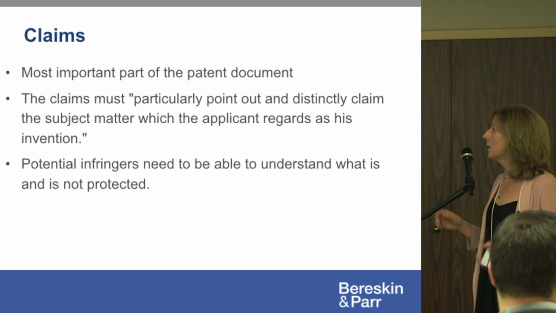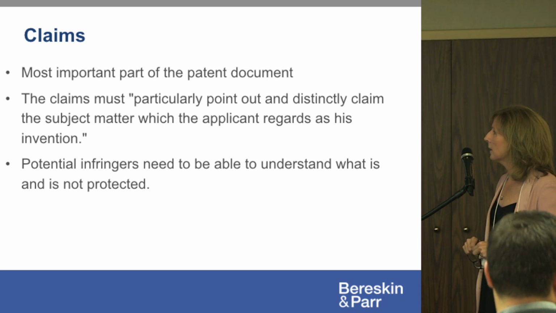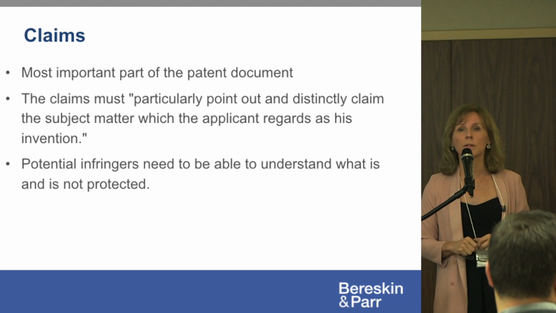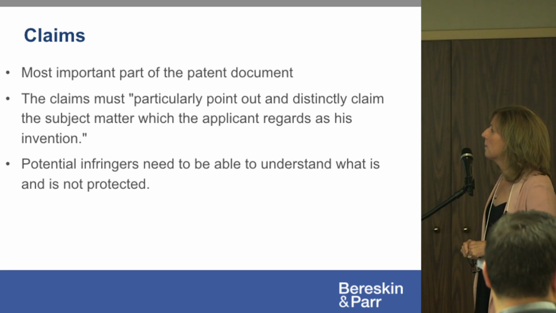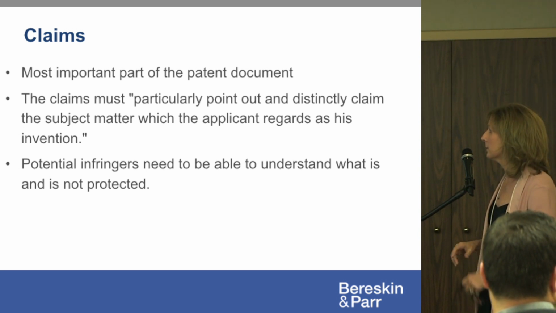They particularly point out and distinctly claim what you'd regard as your invention. The claims are particularly important for freedom to operate searches, because those are the things you want to look at to see whether or not you would be infringing that particular patent if you fall within the scope of the wording of the claims.